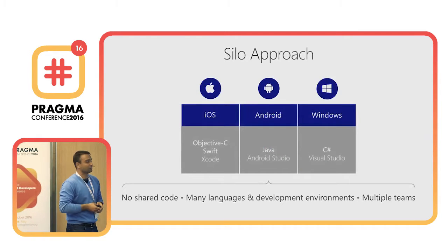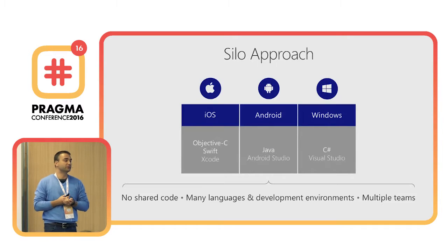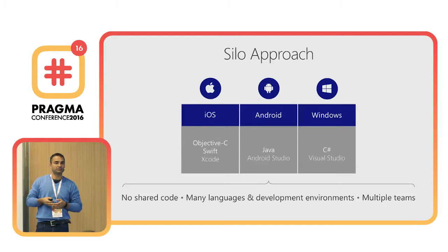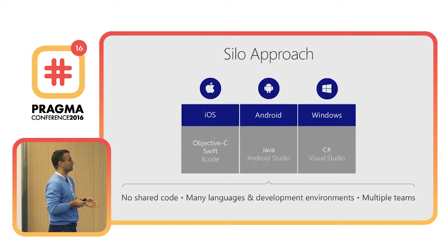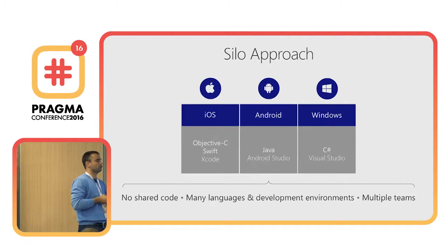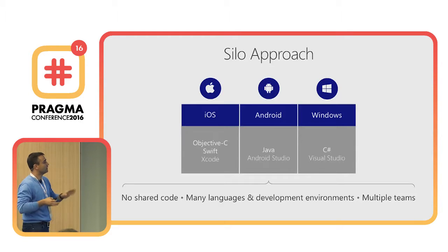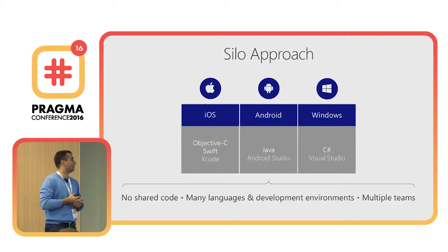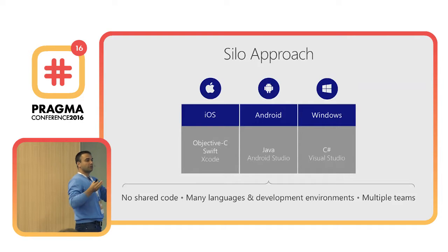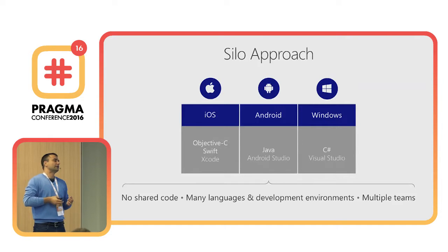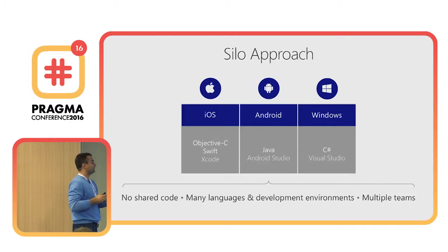The classic approach right now, the one that you are probably using, is having multiple teams developing for each platform with the platform tool. So you'll have the iOS team developing using Objective-C or Swift using Xcode. You have Android with Java, Android Studio, IntelliJ, or Eclipse. And you have Windows with C# and Visual Studio. The big problem of this approach, it's not a problem, but a challenge, is testing on all three platforms.